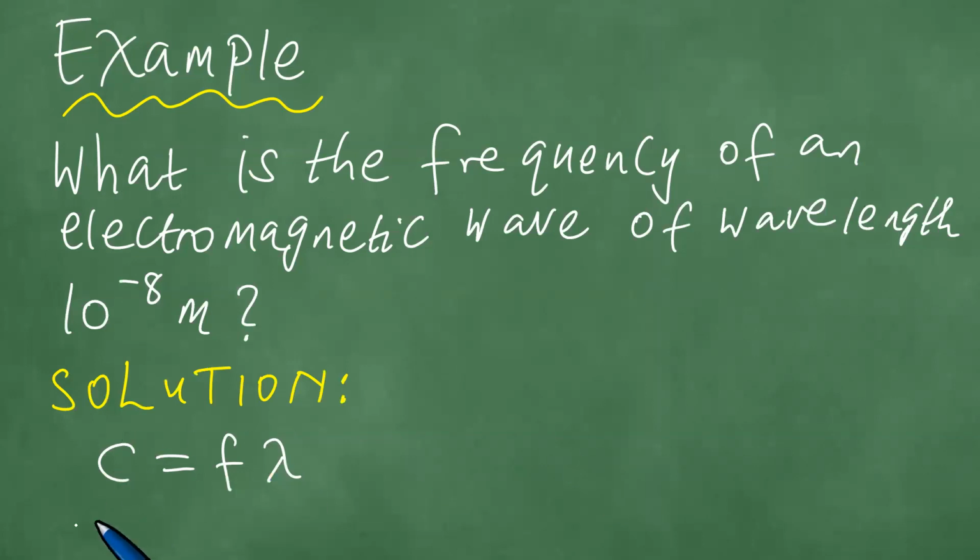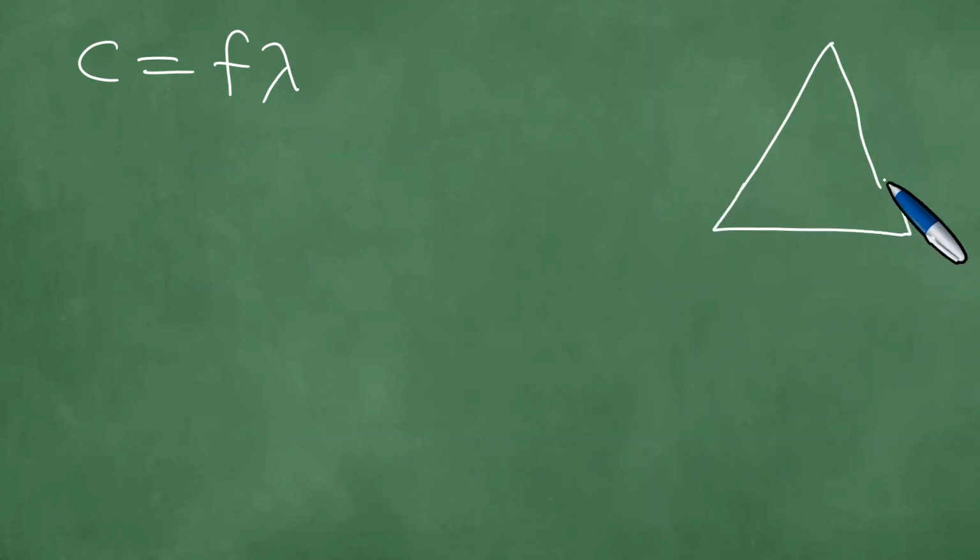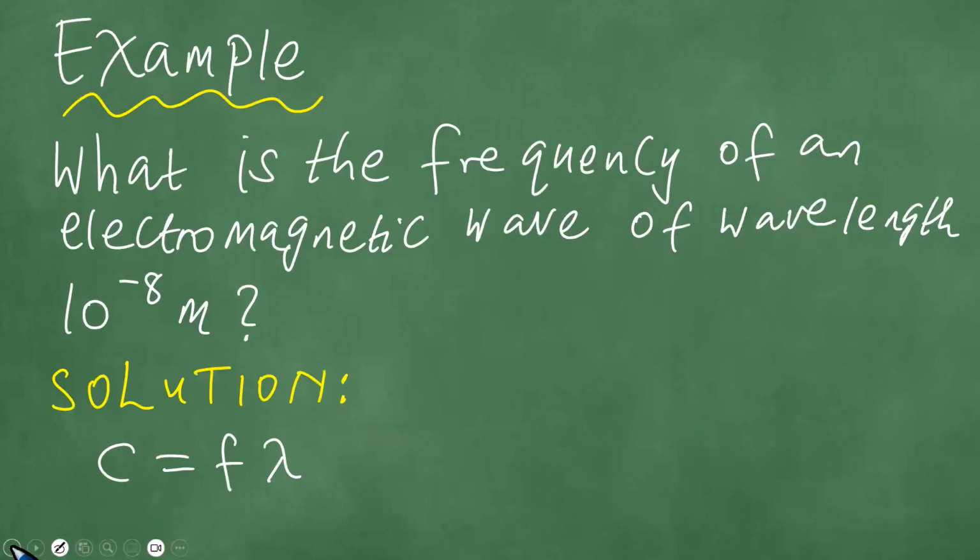We remember the triangle we just drew, and we realize that you can perform partitions like this, and C equals F lambda.